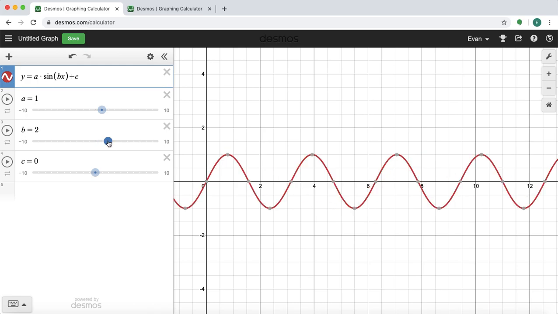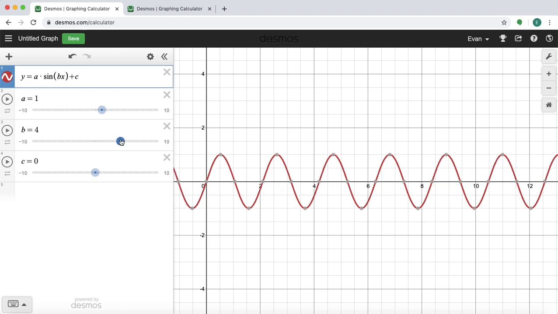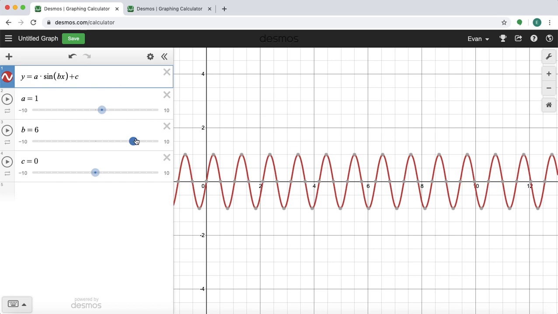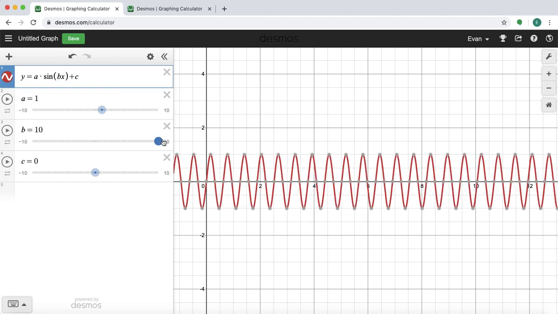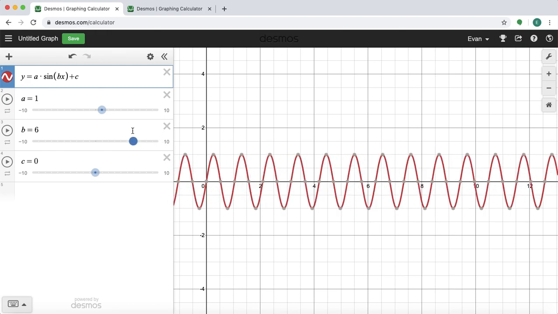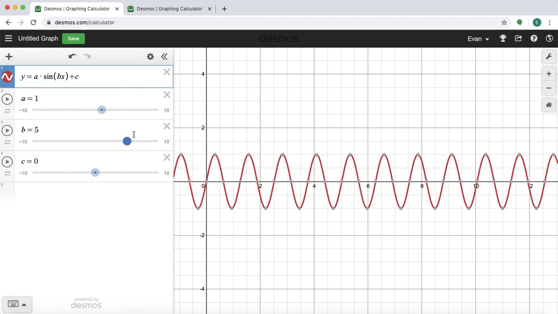Starting, make it 2, 3, 4, 5, 6, 7, 8, 9, 10. So what's occurring here? Well, it looks like an accordion, right? Or a spring that's contracting and expanding.